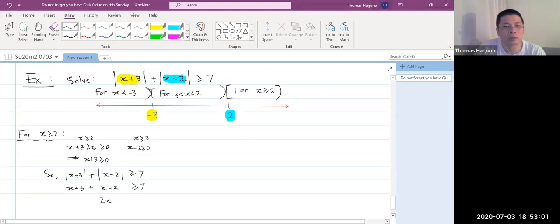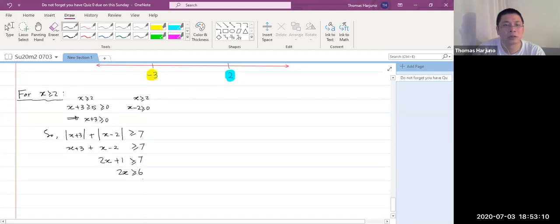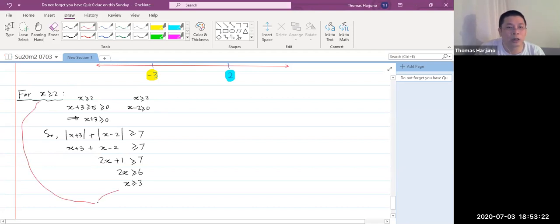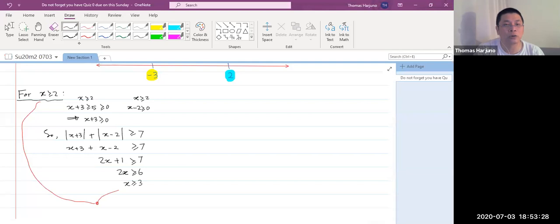So 2x plus 1 greater than or equal to 7, 2x greater than or equal to 6, x greater than or equal to 3. And we combine this: greater than or equal to 2 and greater than or equal to 3.